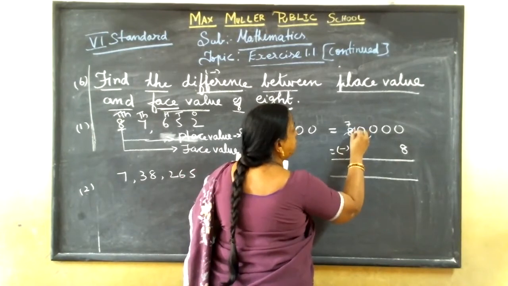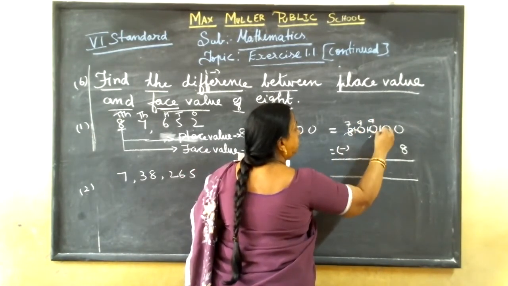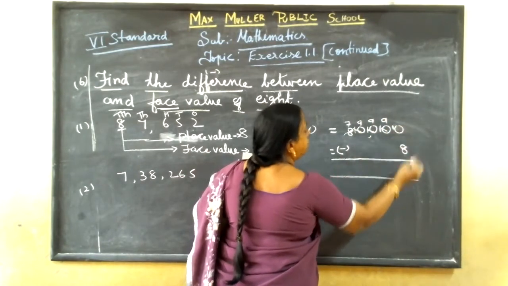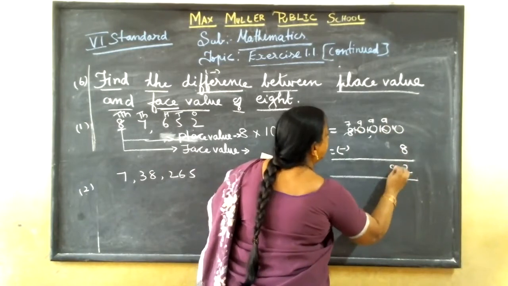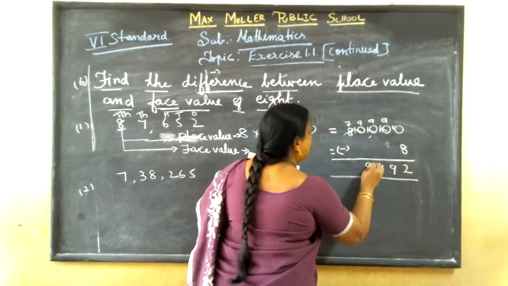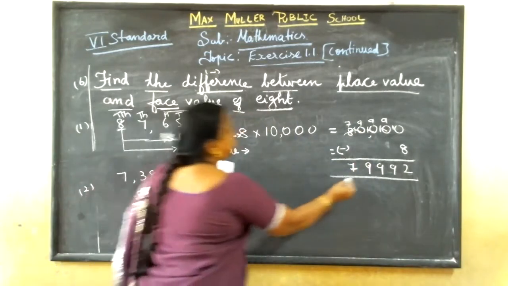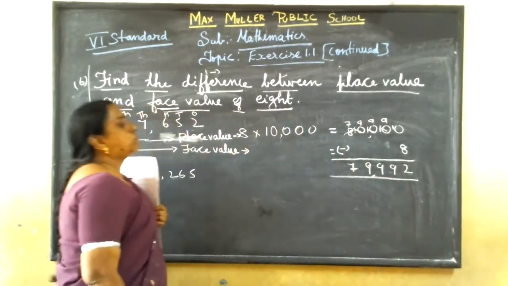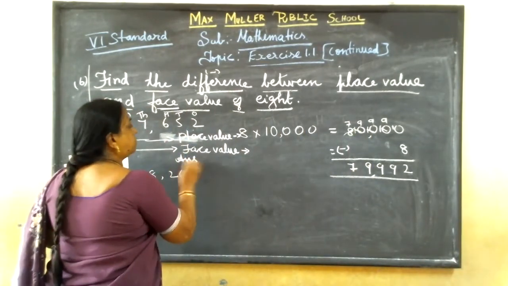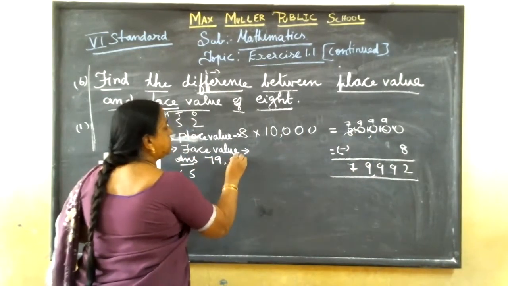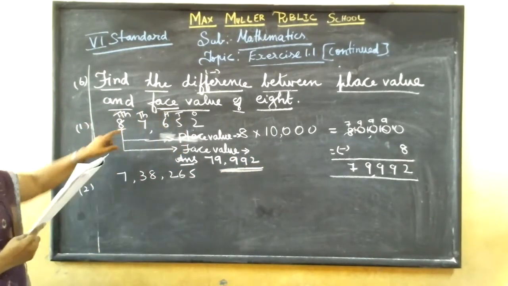If you borrow 1 here, 9, here 10, again 9, 10, 9, 10. 10 minus 8 gives 2. Then 9, 9, 9, 7. So what is the answer? 79,992. Okay, got it.